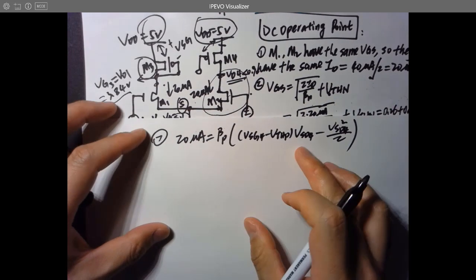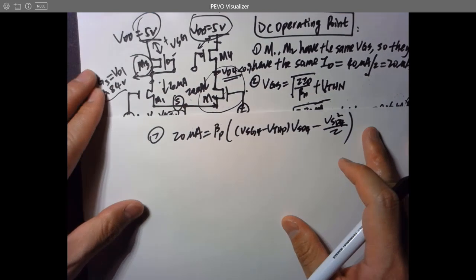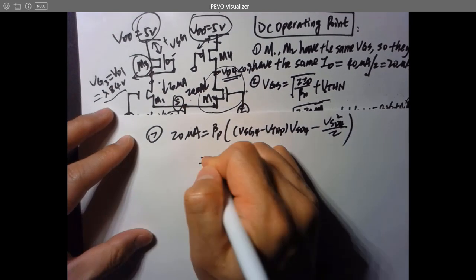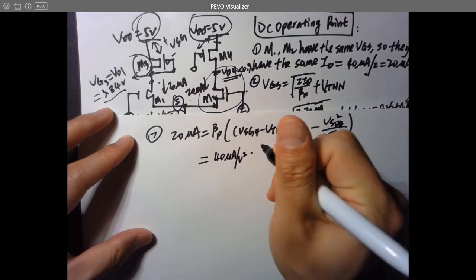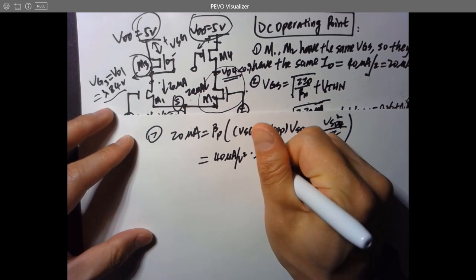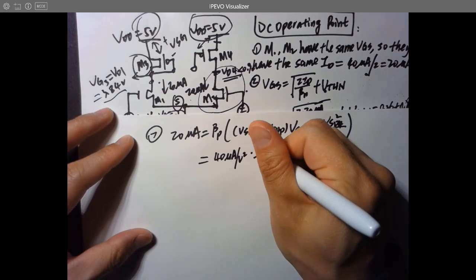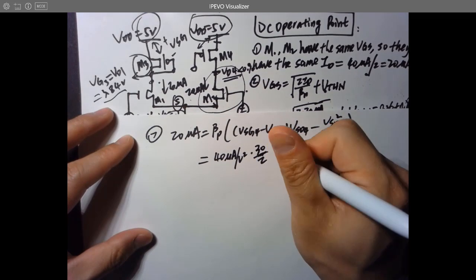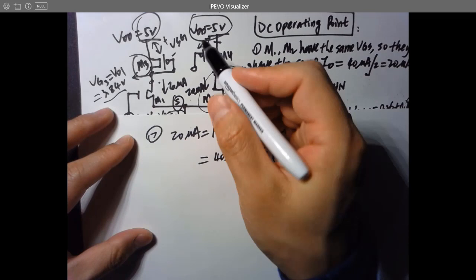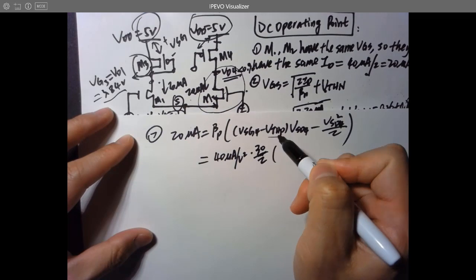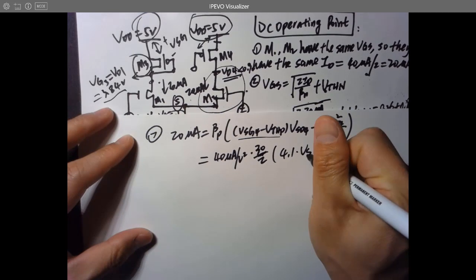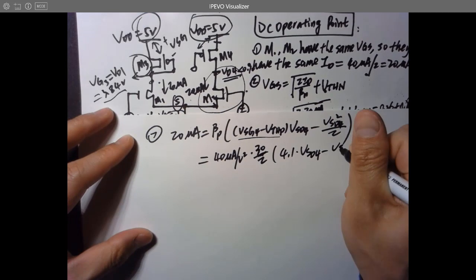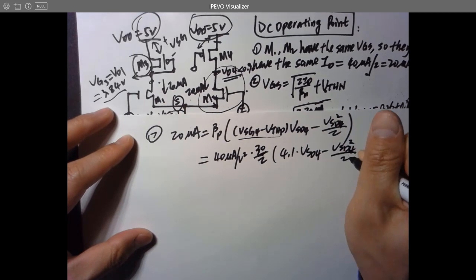You don't need to dig too deep here, just remember this equation. And this equals 40 microamps per volt square times 30 over 2, because that's the width-to-length ratio of the PMOS. And VSG4 apparently is 5 volts minus 0.9 volts, so it's going to be 4.1 volts times VSD4 minus VSD4 square over 2.